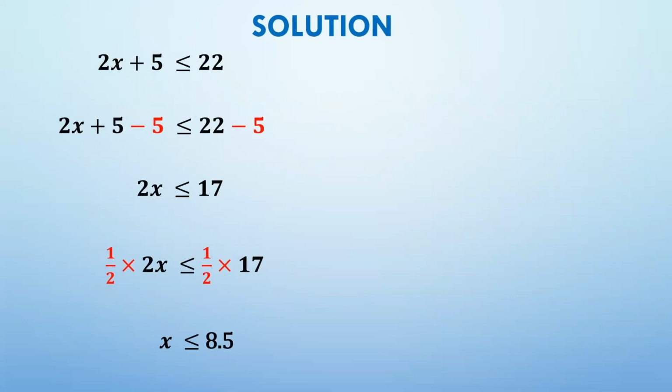So you can see that 2x plus 5 less than or equal to 22. We proceed as in the previous examples. So I add minus 5 on both sides. I get 2x less than or equal to 17. I multiply by half on both sides to finally obtain x less than or equal to 8.5.